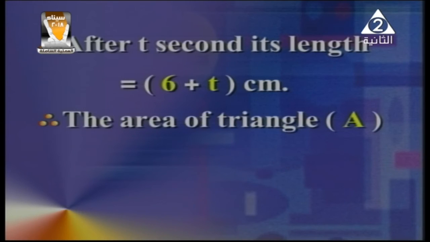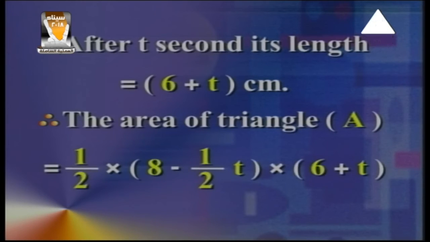The area of the triangle, with symbol capital A, is half base times height. Look at the base, 8 minus half t, and the height, 6 plus t.